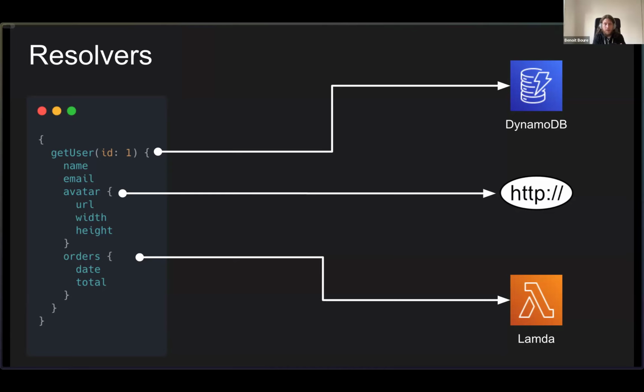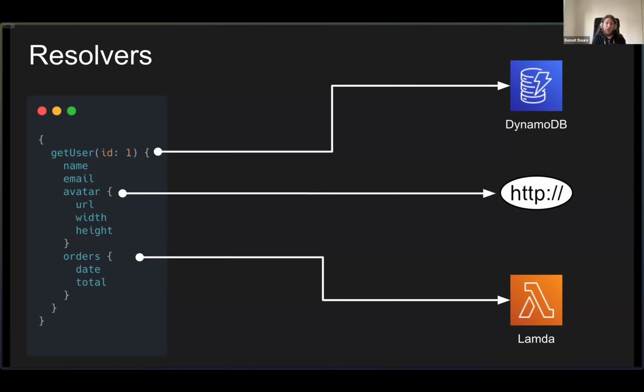Okay, so what else? Resolvers. Resolvers in GraphQL and AppSync are like functions that you can attach to a specific field. So when you query your GraphQL API, you are allowed to get all the information that you need.